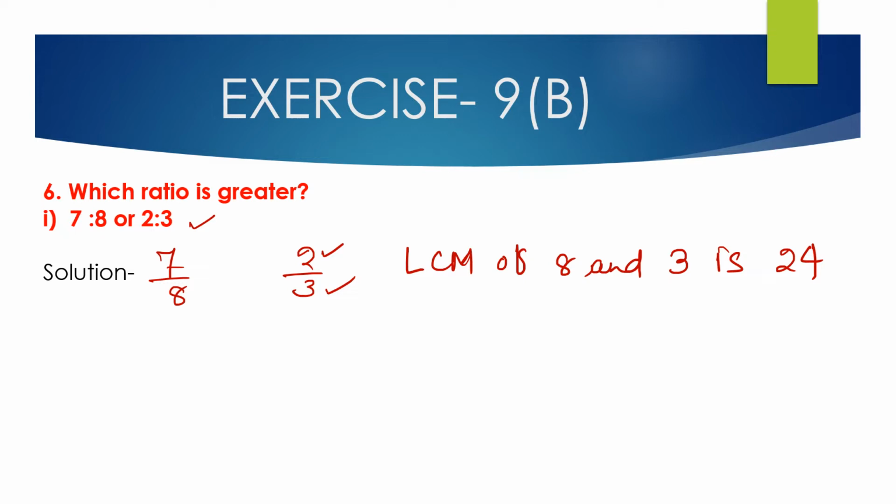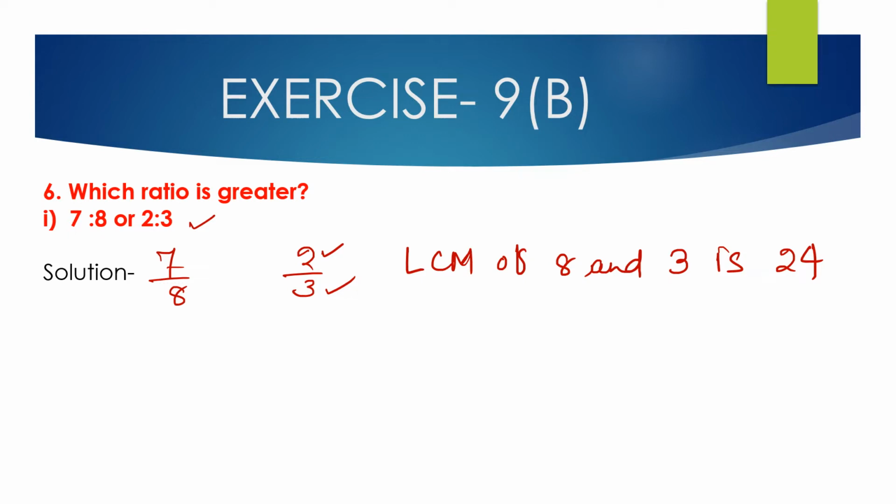Prime factorization of 8 is 2 multiplied by 2 multiplied by 2, and prime factorization of 3 is 3 only. So we multiply these numbers. 2 multiplied by 2 multiplied by 2 is 8. 8 multiplied by 3 is 24. So the LCM of the consequents 8 and 3 is 24.